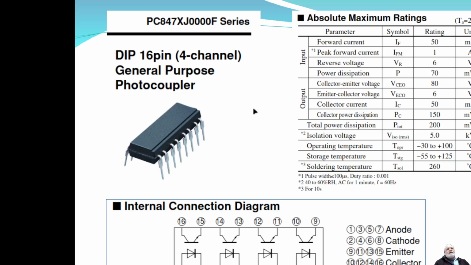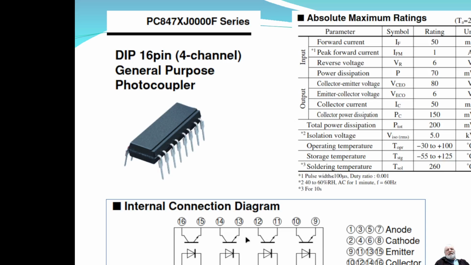Now here's what they call a general purpose photocoupler, and this one I just put in. You can see this one gives you 4. It's an integrated circuit, so it's actually got 4 optocouplers built in here.